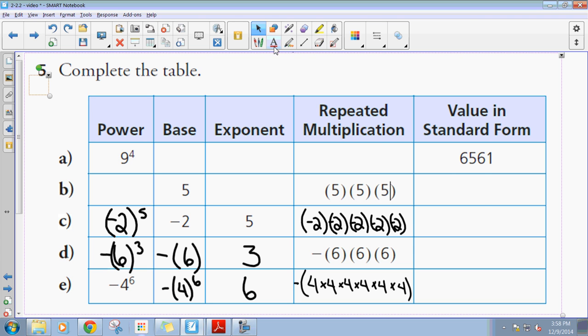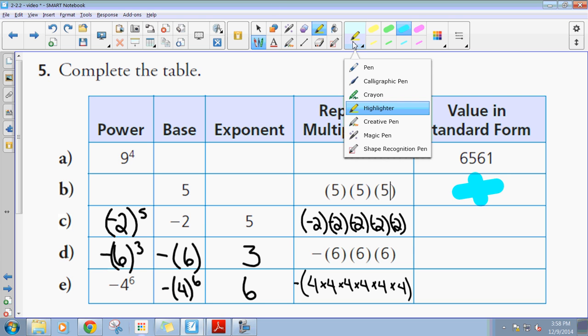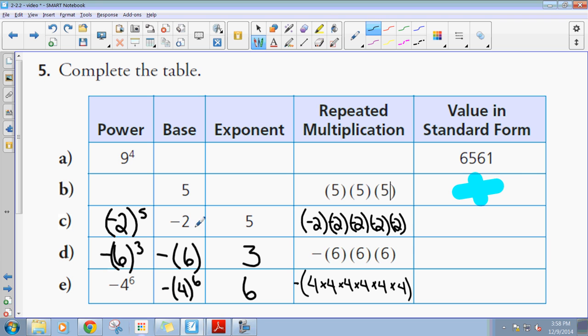I'm going to wind up with a positive final answer. In our third one, I have a negative times a negative times a negative times a negative times a negative. That negative sign has been multiplied 5 times. Because of that, we can predict that the answer will be a negative answer.